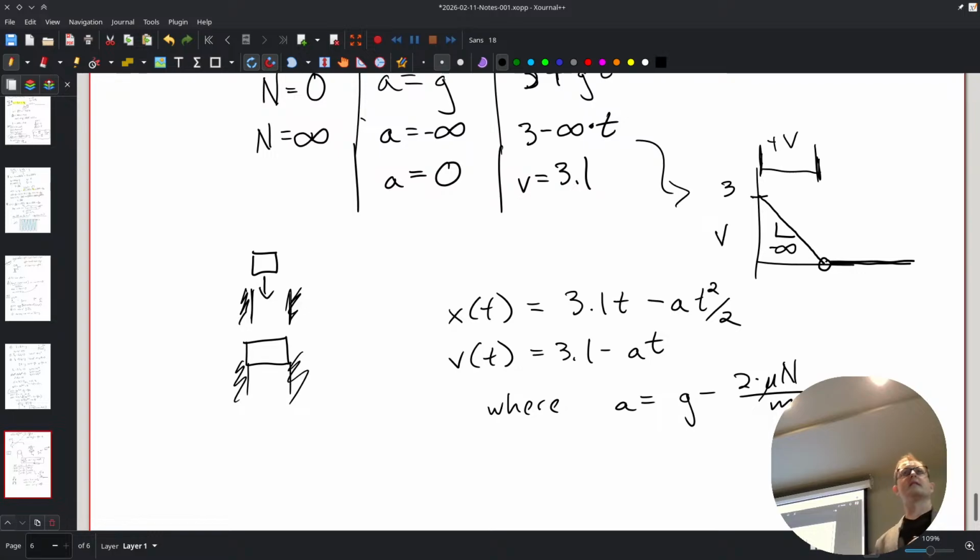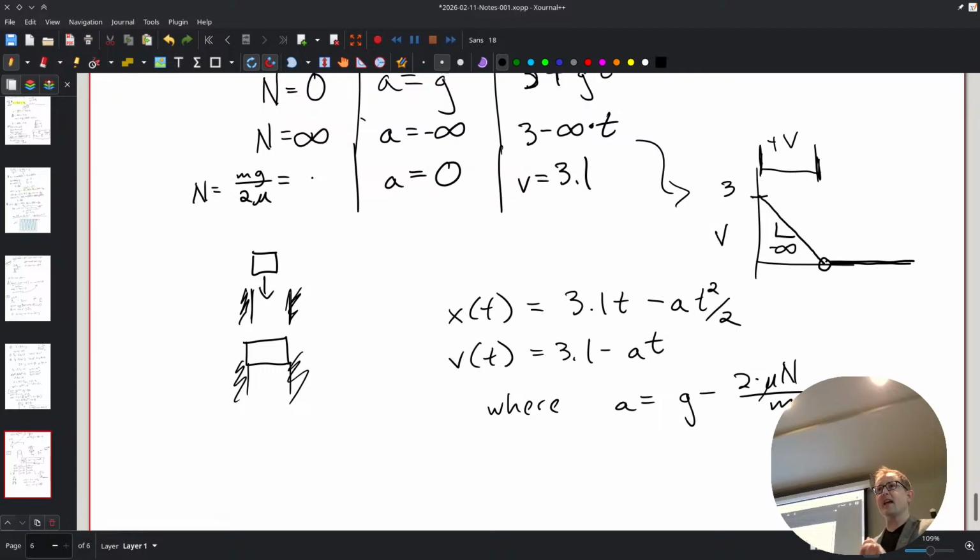When n is equal to mg divided by 2 mu. Similar idea. Oh yeah, mg over 2 mu. So what do we have for that value?